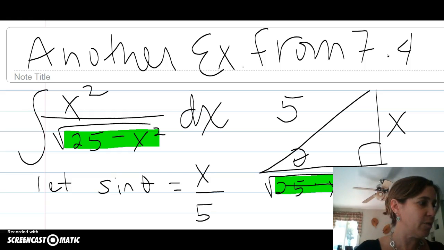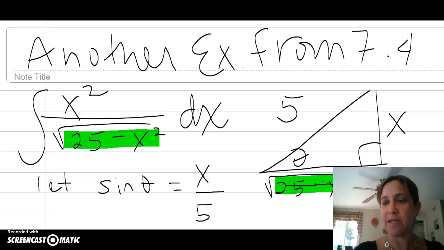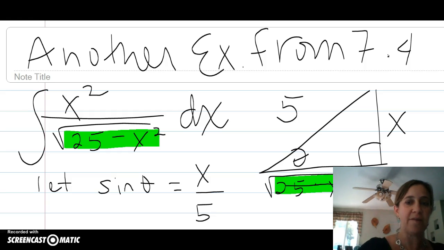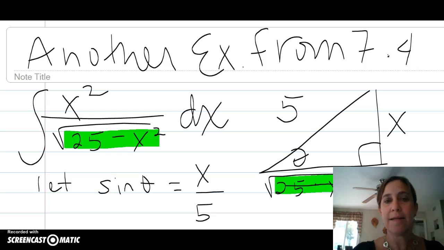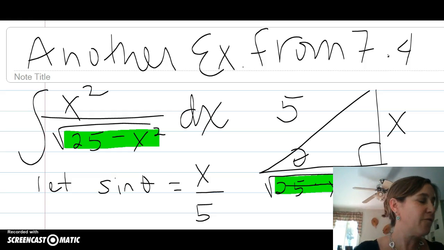I'm also assuming that x has to be a number between 5 and negative 5, because otherwise my radical in my integrand is not even defined. So if x is between 5 and negative 5, that is going to force my theta to be an angle between negative 90 and 90, or pi halves and negative pi halves.